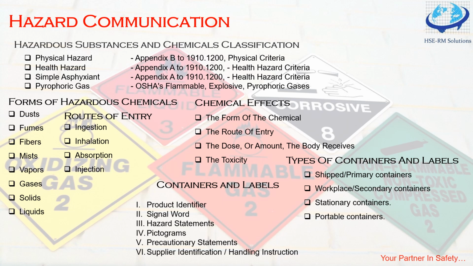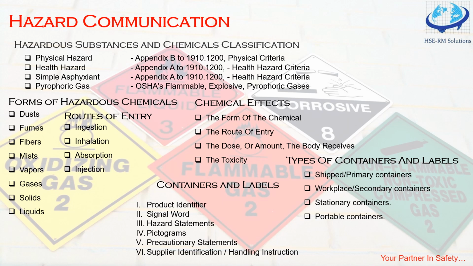Another important task when assessing the workplace for chemical hazards is to determine the routes of entry the chemical may take. If we know the route of entry, we can then determine appropriate engineering, administrative, and PPE controls to eliminate or reduce the exposure.